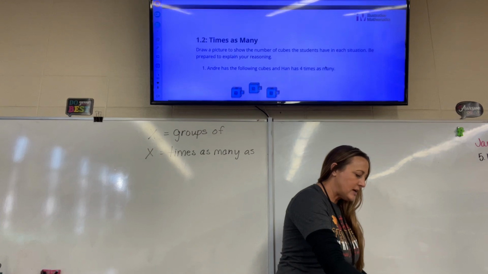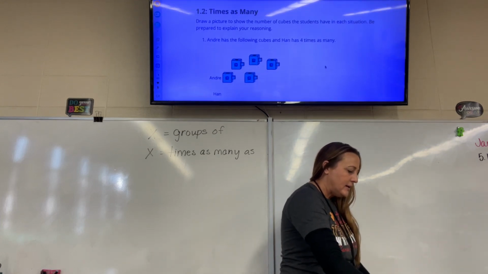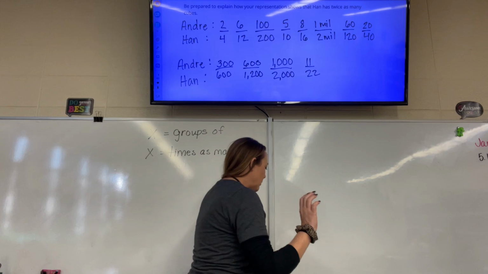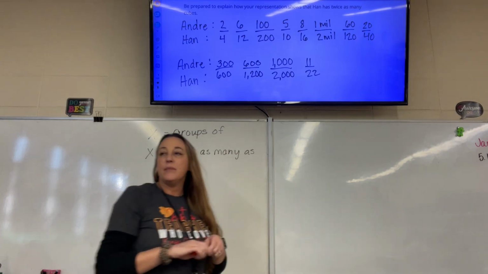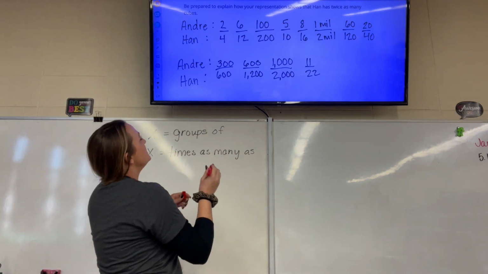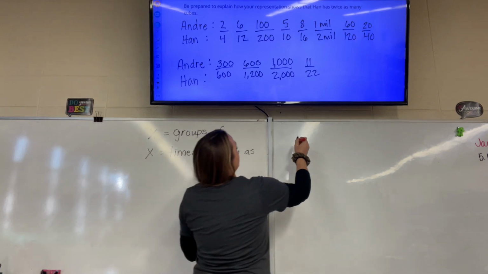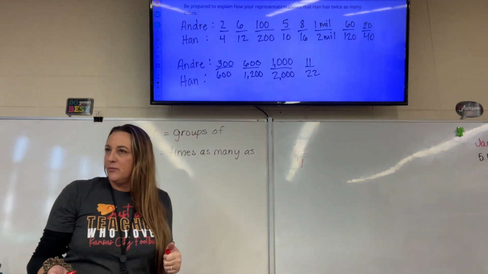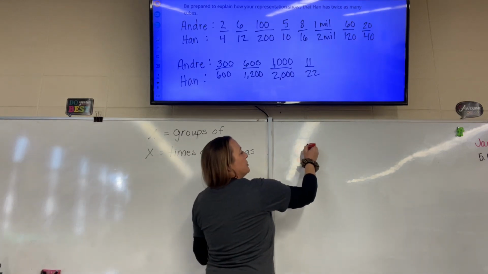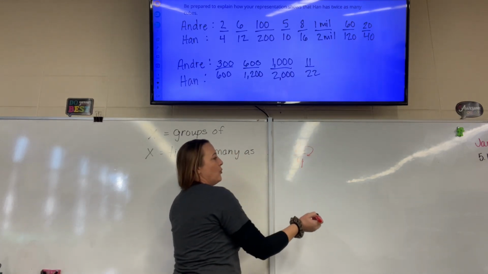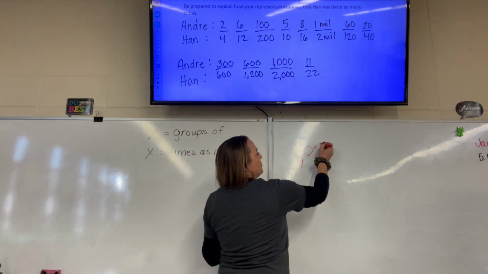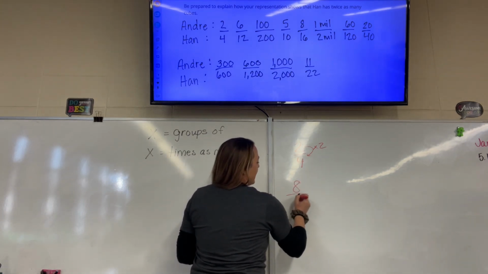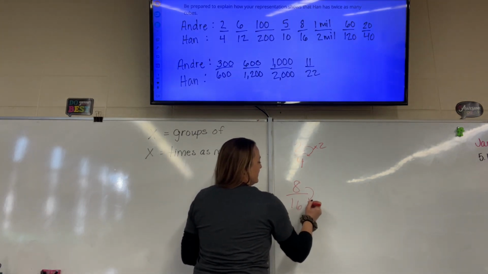Here we go. Times as many. I wanted to show you one more cool thing real quick that I forgot to tell you a minute ago. Do you see how I kind of wrote these as fractions a little bit? What do you multiply 2 times to get 4? 2. What do you multiply 8 times to get 16? 2.